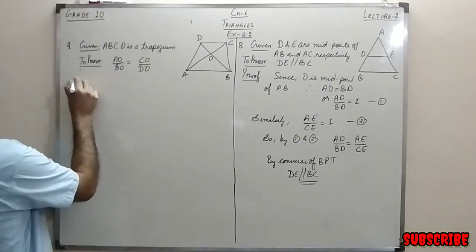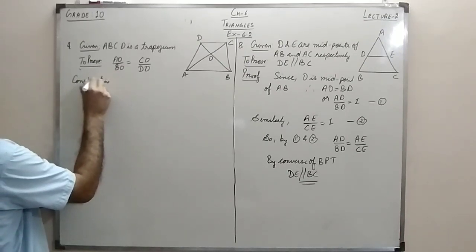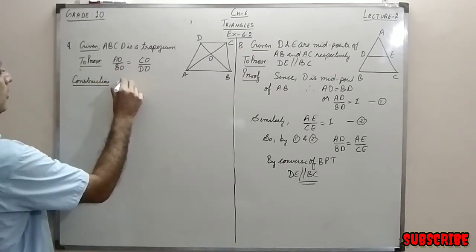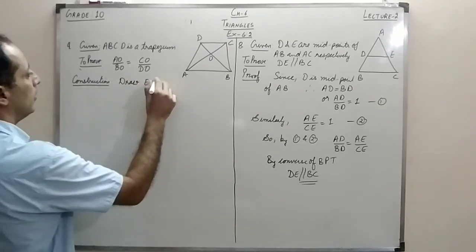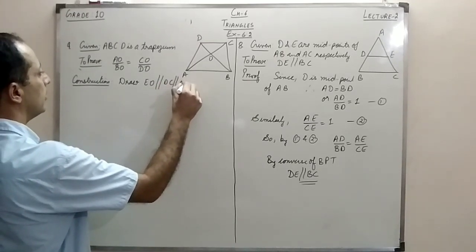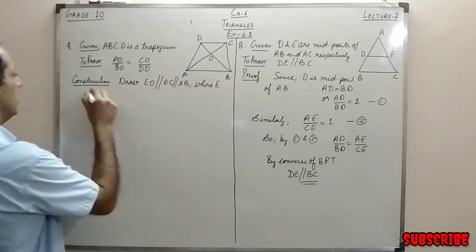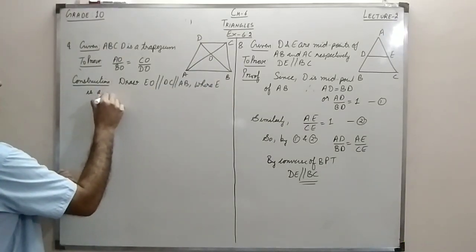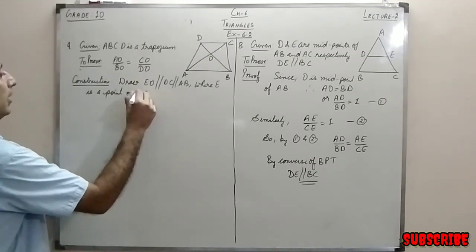So for this, we have a small construction in this question. Now the small construction here is we draw EO parallel to DC, parallel to AB, where E is a point on AD.